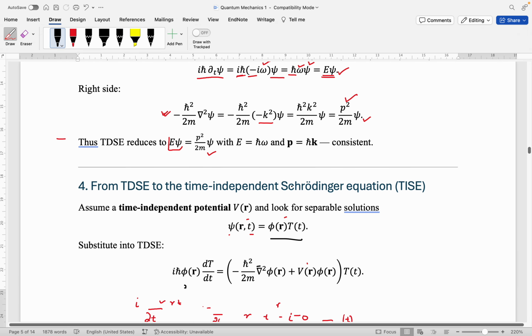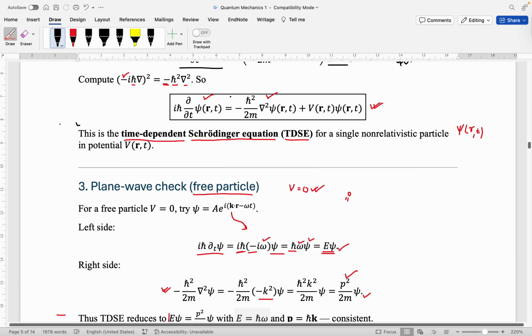It's the same equation we're writing down, but in place of E, I'm writing i h cross del del t, because that's your energy operator. So you remember one and then remember the other one easily. For example, if you remember this, then you know that i h cross del del t is energy. So just write down E psi.